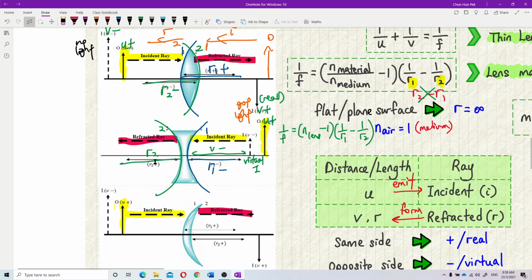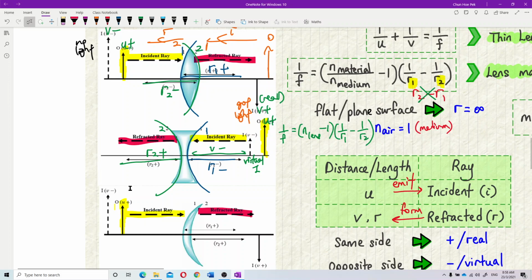This R2 is on the same side as the refracted ray, so again, this is positive. Same side, positive. Opposite, negative. R1 is negative, R2 is positive because it is on the same side as the refracted ray. So that's why for the lens maker equation here you put R1 negative, R2 positive.